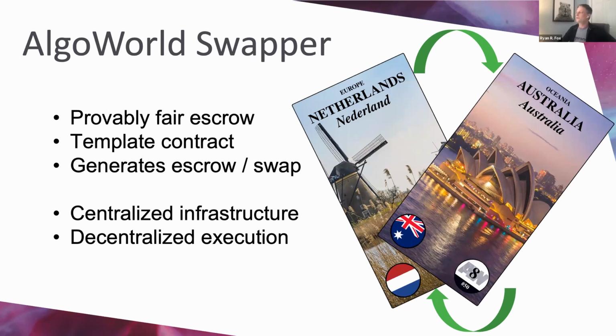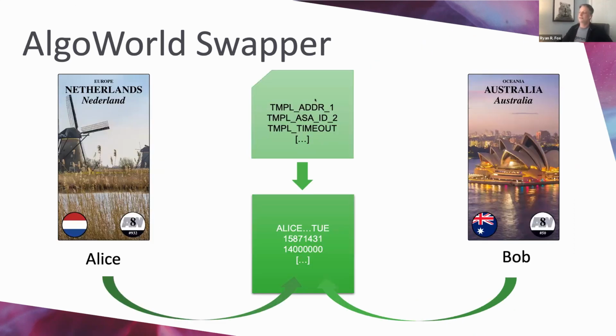All right, so yes, AlgoWorld Swapper. The way that it is working here is that two different users, Alice and Bob, each having their own card, are interested in swapping those. So they would come to the AlgoWorld Swapper website, and they would have reviewed the template that describes what's necessary.